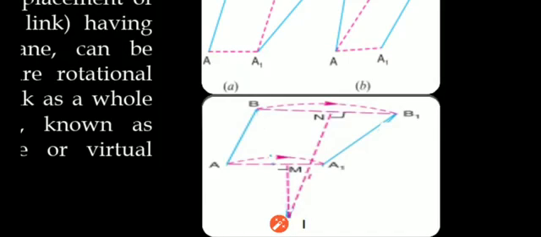So here the motion consists of translatory as well as rotational motion, and we are assuming that it is a pure rotational motion about a center, that is I, which is called the instantaneous center of rotation.